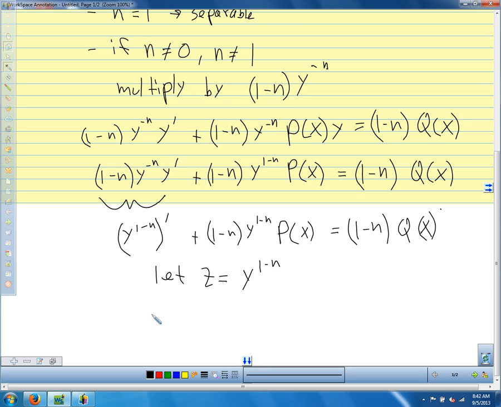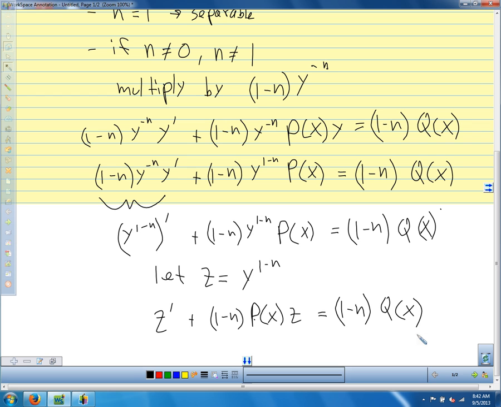So now, just rewriting this with my substitution, I have z prime plus (1 minus n) p of x z equals (1 minus n) q of x.